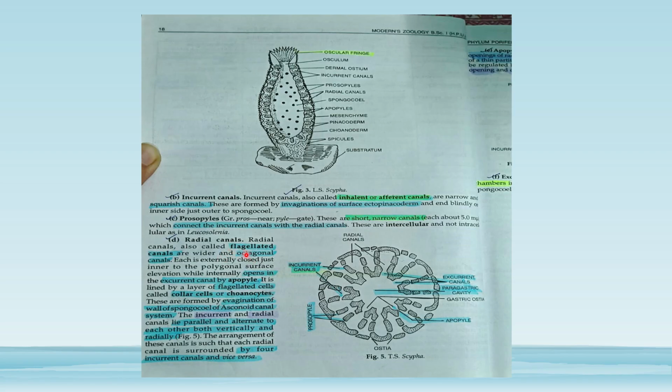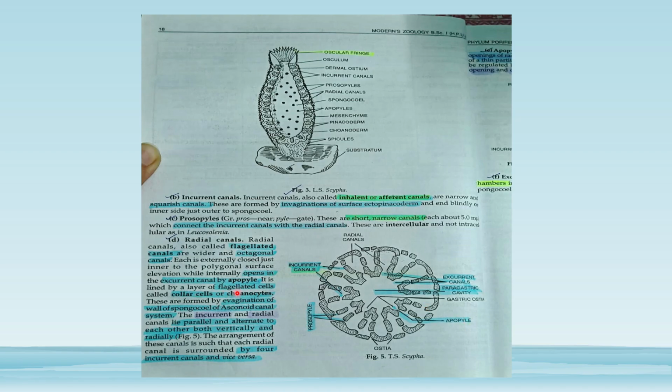Radial canals are also called flagellated canals and are wider and octagonal in shape. Octagon, because they are 8. 1, 2, 3, 4, 5, 6, 7, 8. Okay, you can count. It is closed externally and internally opens in the excurrent canal by apopyle. The opening is called apopyle.